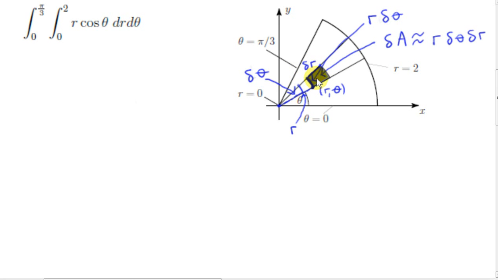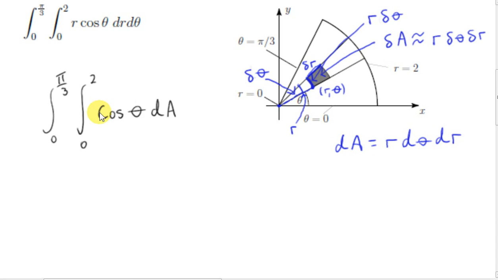So now we can get an approximation to delta A. We just multiply the sides together. This is not really a rectangle, but in the limit, as both delta theta and delta r go to 0, this approximation becomes exact. In other words, we can say that dA is r times d theta times dr. So now we can write our double integral like this.